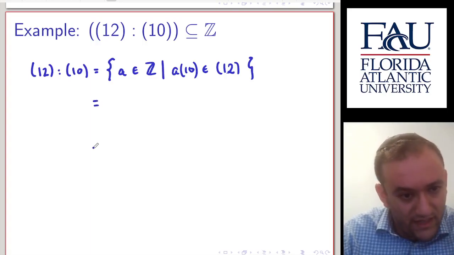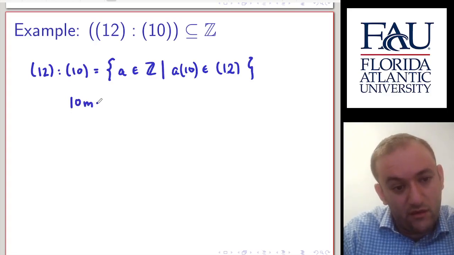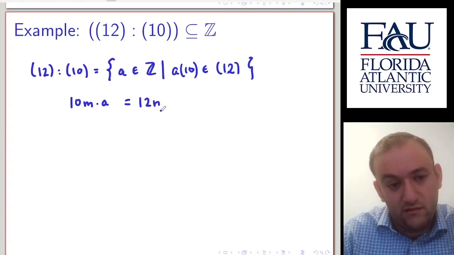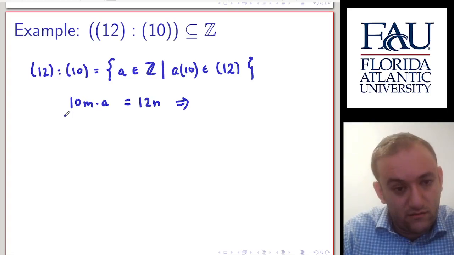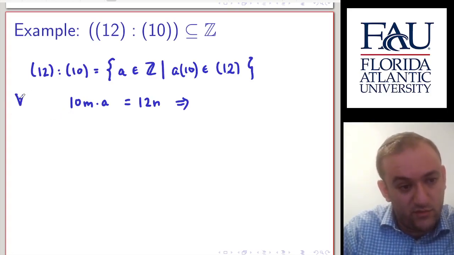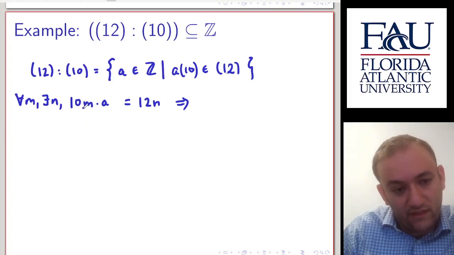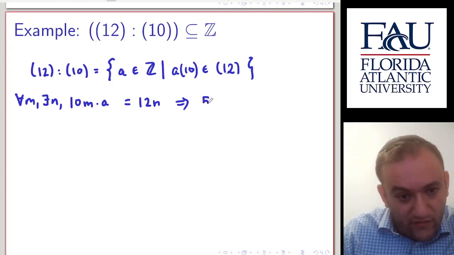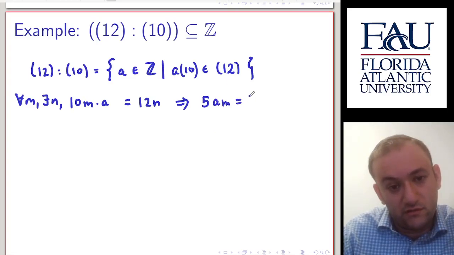Okay, well, what would that need to be? So if 10m times a is equal to 12n, that means, let's put it this way, for any m there exists n such that 10m times a equals 12n, then that tells us that 5am equals 6n.